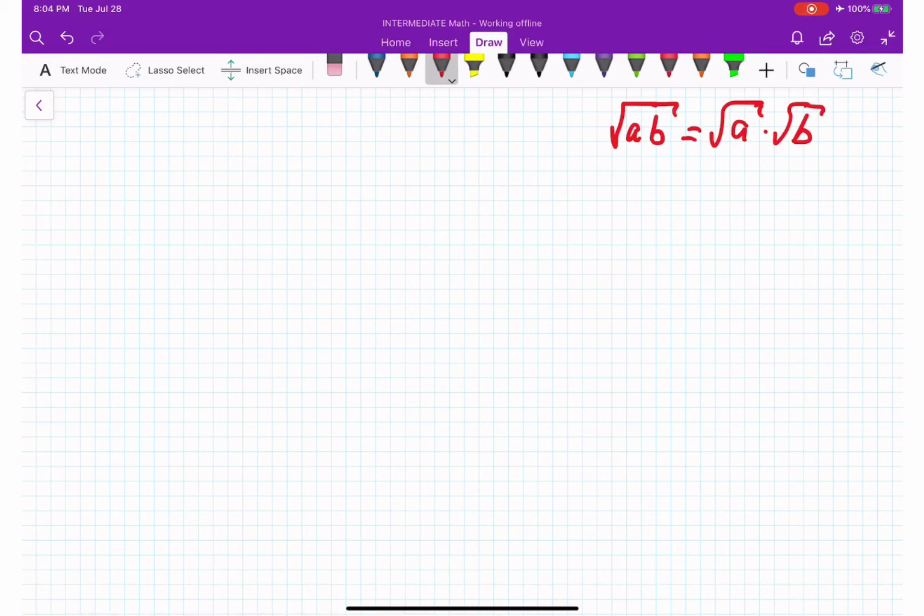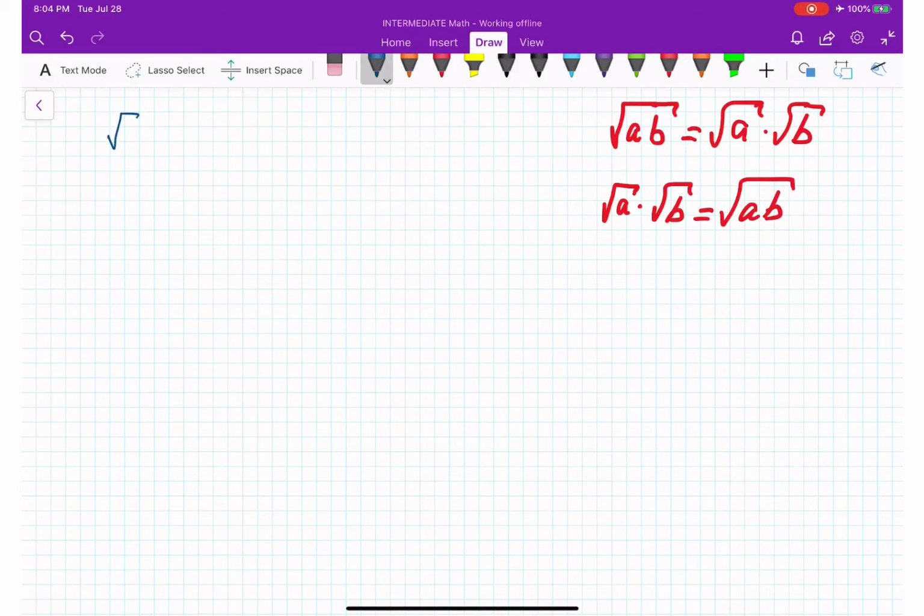Now we're going to use the opposite: square root a times square root b is equal to square root of ab. All right, let's get going.